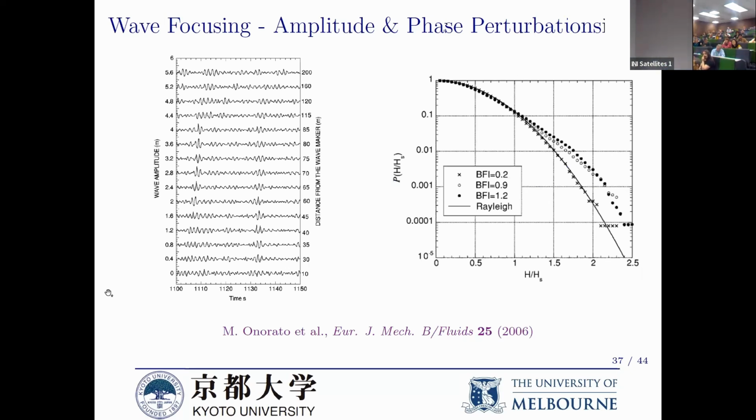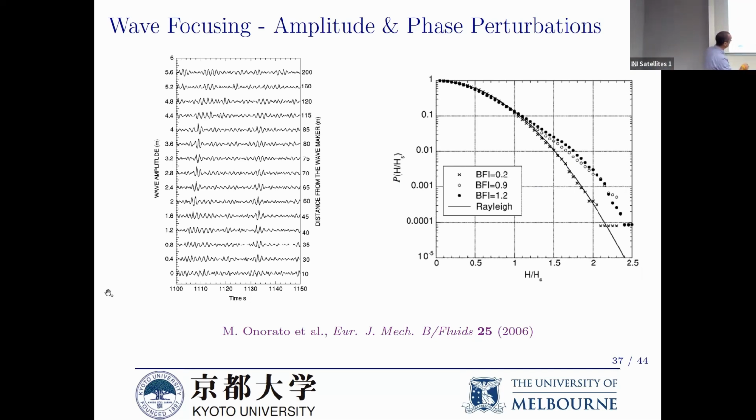The continuous line is the Rayleigh distribution, which corresponds to the case of pure linear waves. However, if you increase the steepness, or the degree of nonlinearity, which is described by the BFI, you start observing a deviation from this distribution.